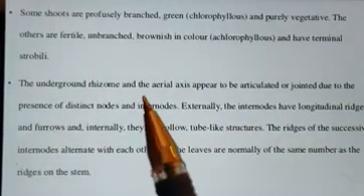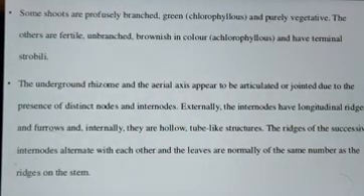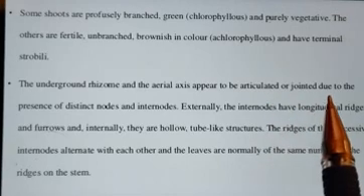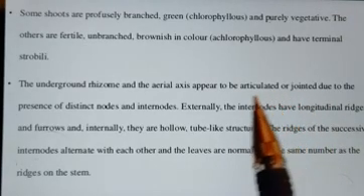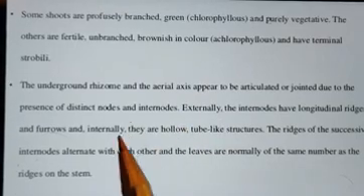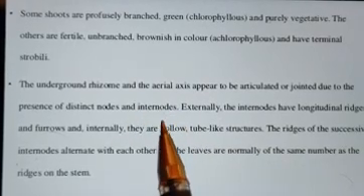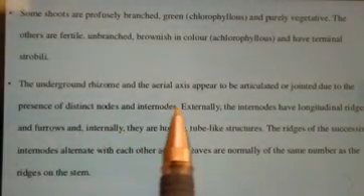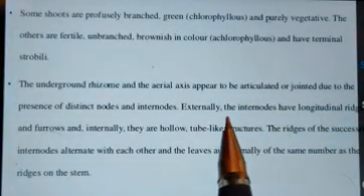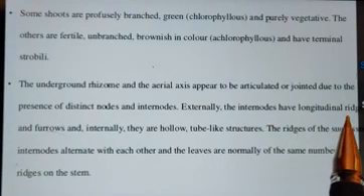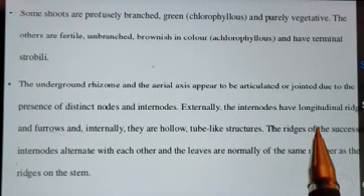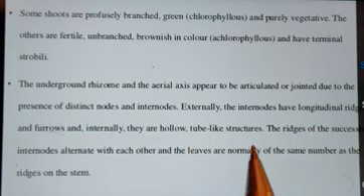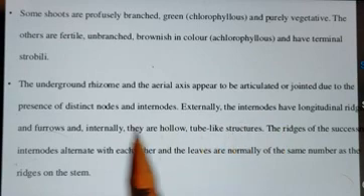The underground rhizomes and the aerial axis appear to be articulate, or jointed. Articulate means jointed, due to the presence of distinct nodes and internodes. The rhizome also has nodes and internodes. Externally, the internodes have longitudinal ridges and furrows.